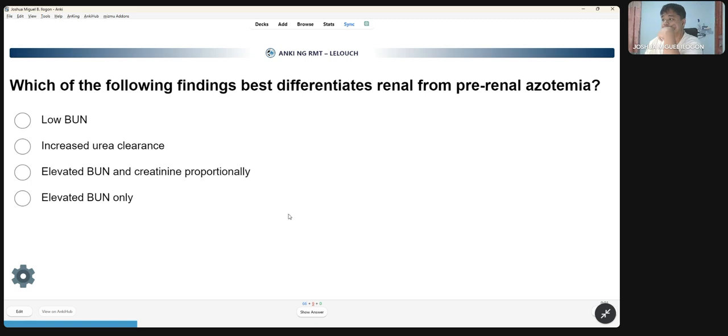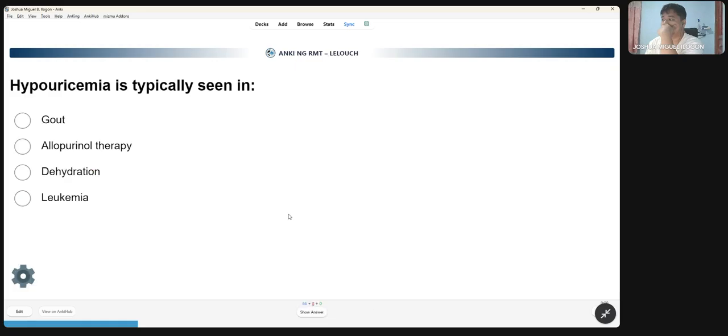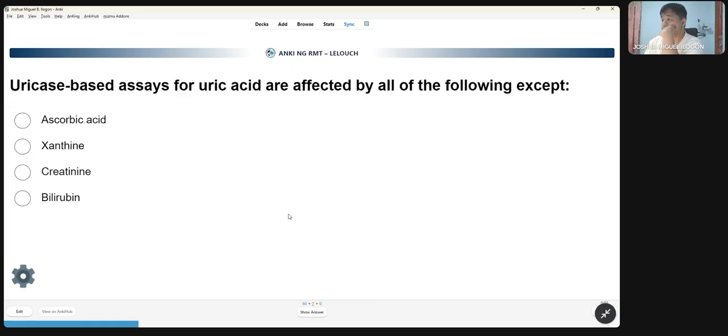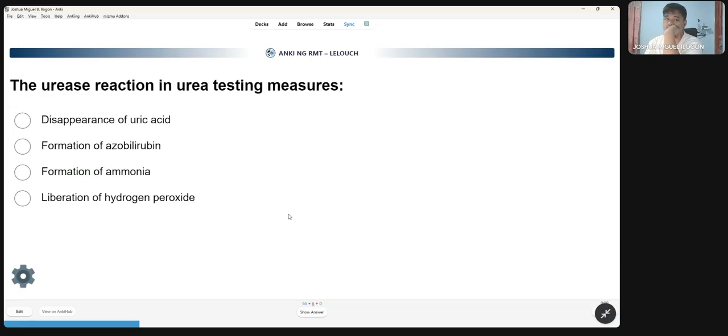Uricase-based uric acid testing is affected by all the following except creatinine. Again: hemoglobin, xanthine, bilirubin, and ascorbic acid.